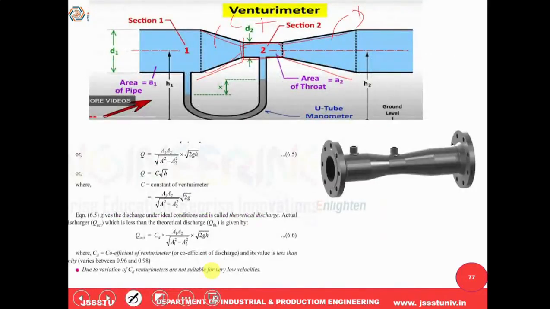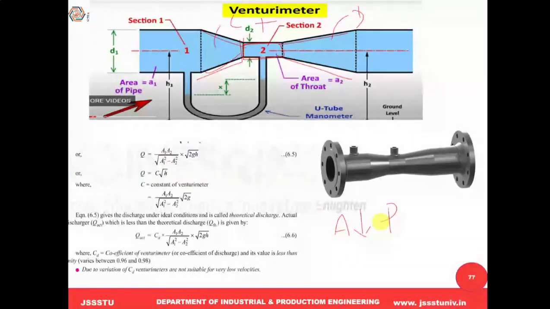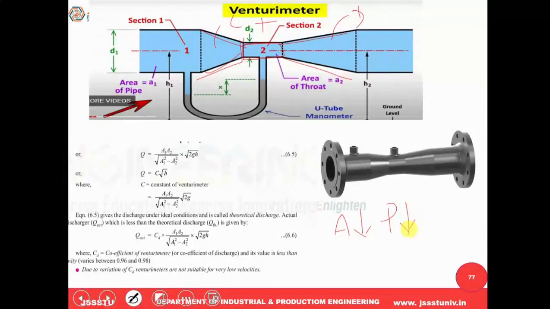Now what is the main working principle? When the area reduces, like in the convergent section, what happens to the pressure? Pressure decreases. When the pressure decreases, what happens to the velocity? It increases.